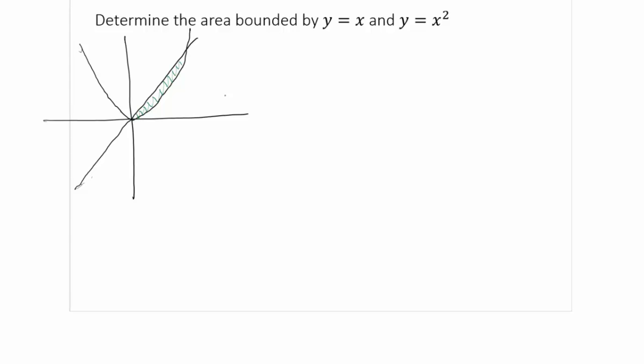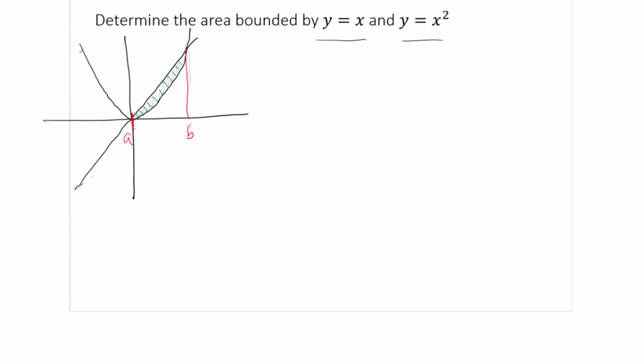Now I need to figure out the lower and the upper limits, what's the a and what's the b. To do that, I'm going to solve the system of equations y equals x and y equals x squared. I'm going to use a little substitution.